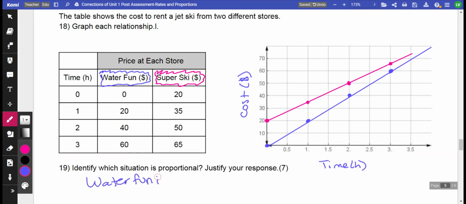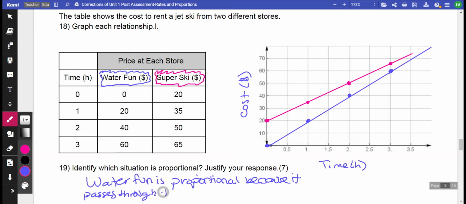Water Fun is proportional because it passes through the origin and is a straight line.